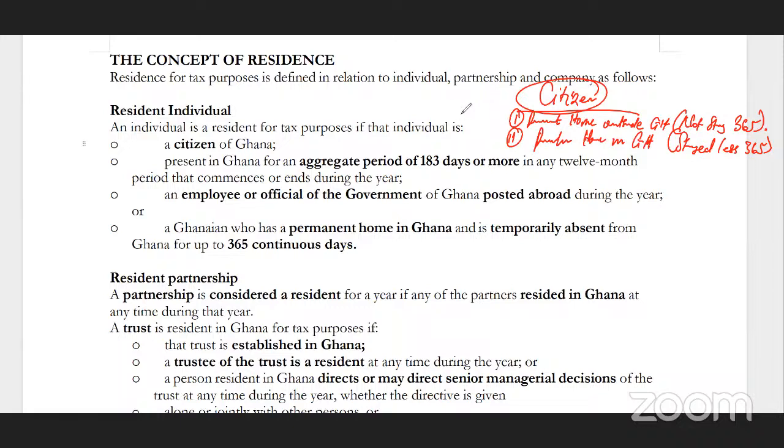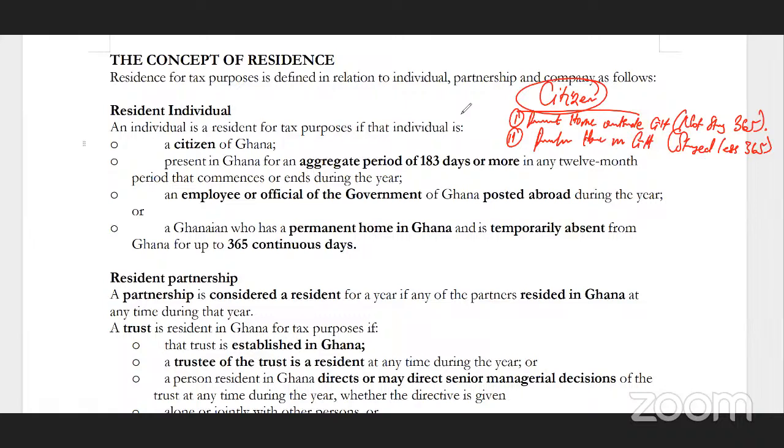So you are being considered as a resident. If I stay 364 days in UK and I come and stay 1 day in Ghana during the year, am I still resident in Ghana or not? You are resident. Yes, you are still resident.